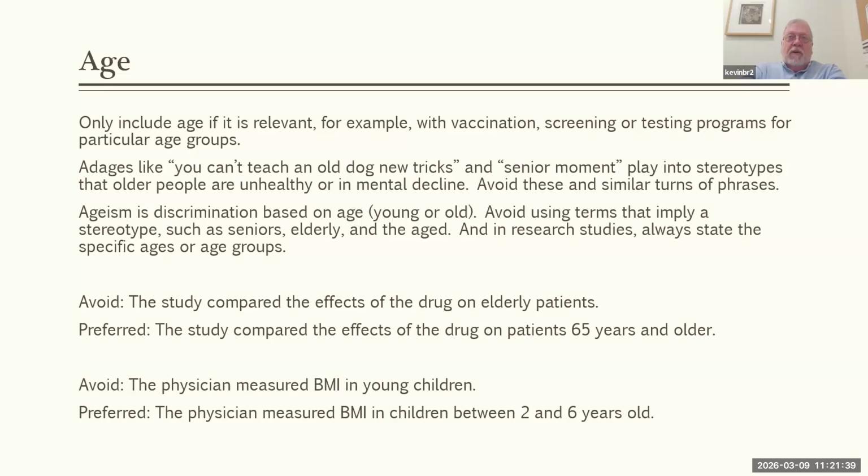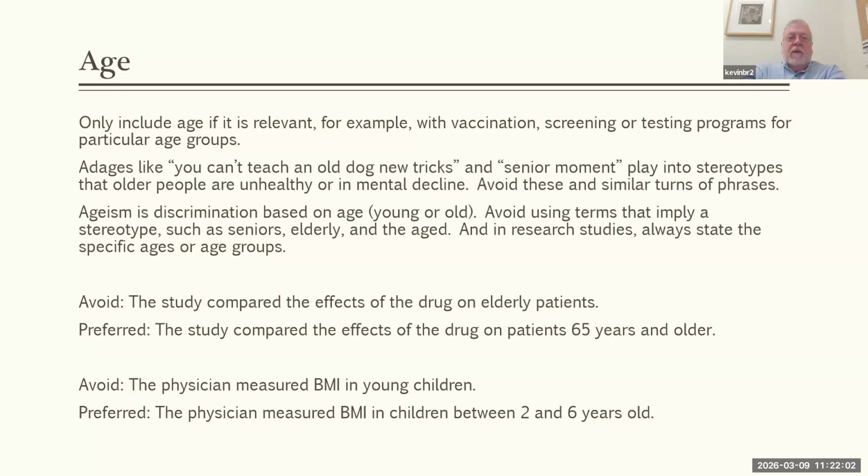What we want to do in health sciences descriptions and formal writing is it's better to state specific ages or age groups, numerology, in other words. Age group 0 to 5, age group children 6 to 12, and so forth.